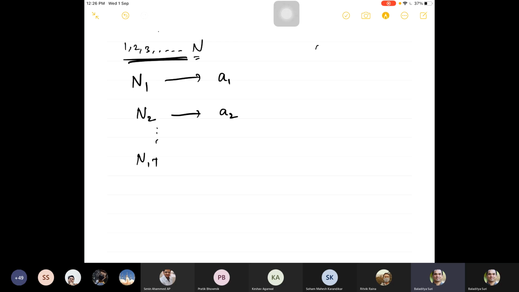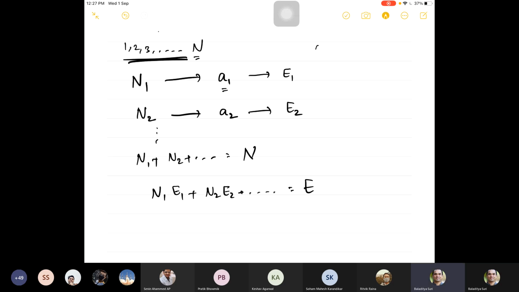Now obviously N1 plus N2 and so on up to, let us say, k states, this summation should add up to N, because the total number of systems that we are considering is N. And if state A1 has an energy E1 and state A2 has an energy E2, and so on, the total energy, N1 E1 plus N2 E2 plus so on, should equal some energy E, because we said that the ensemble is a closed ensemble, right?